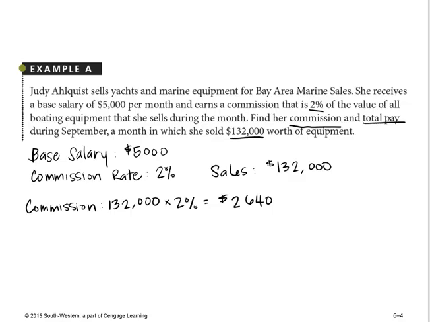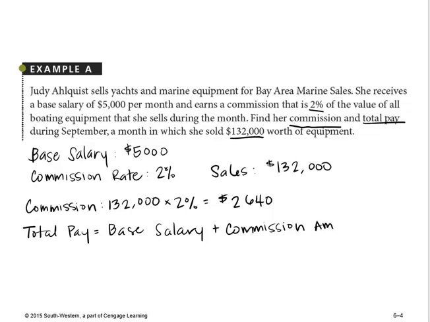Remember, it's also asking for her total pay. And her total pay is simply her base salary plus her commission amount. Now all we need to do is to plug in the values.